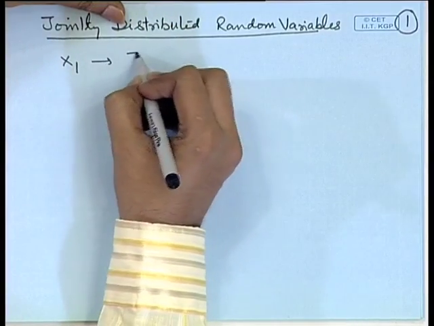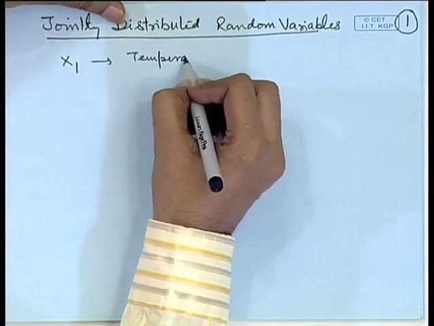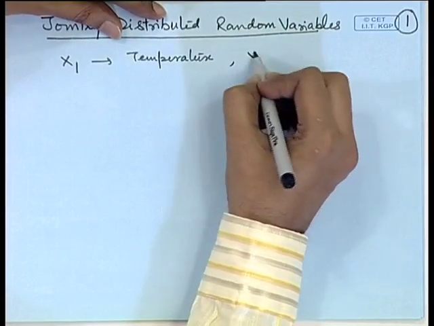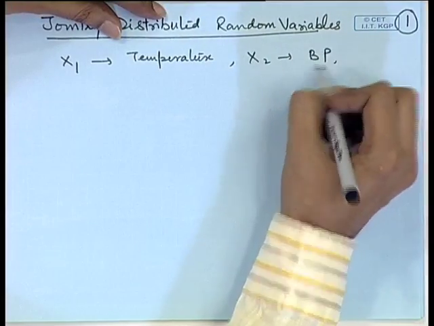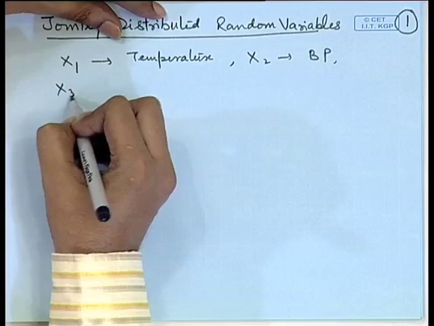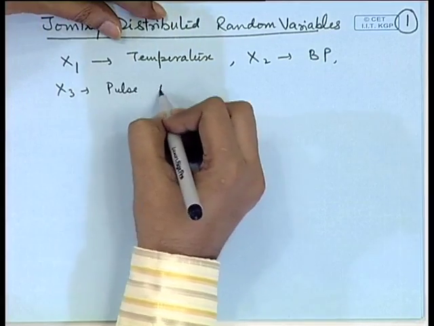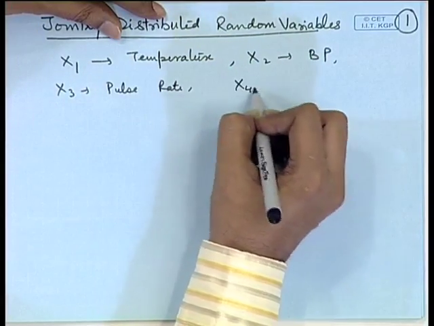Many times we do not have the luxury of considering only one characteristic, but several characteristics, such as when a patient goes to a doctor for a medical checkup. The doctor takes, say, his temperature, he may take his blood pressure, his pulse rate, and he may record his weight.